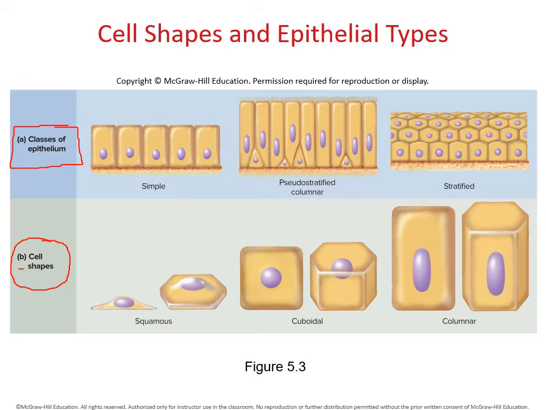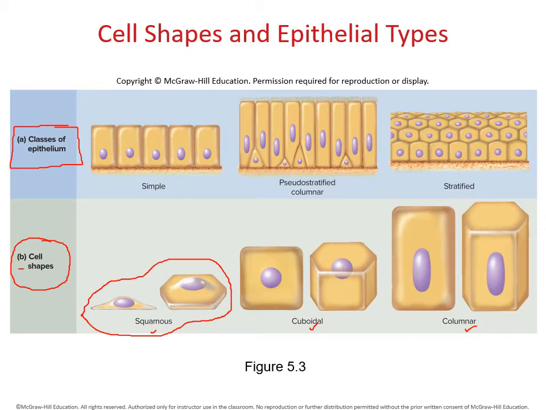The cells will either be considered squamous, cuboidal, or columnar. Squamous cells, as you can see from the illustration here, tend to have more of an abstract shape. Most books will describe them as fish scale-like. They are not very consistent in their overall structure.